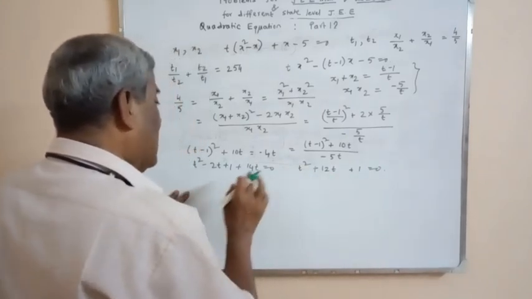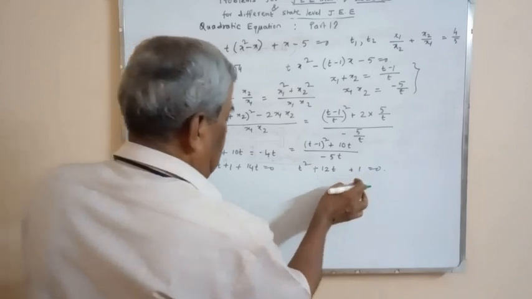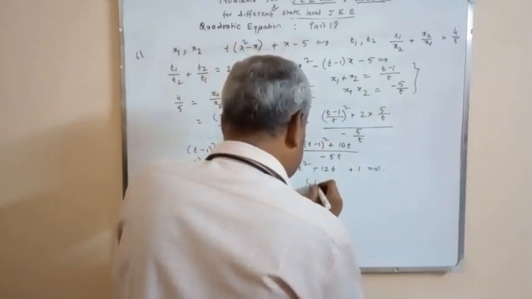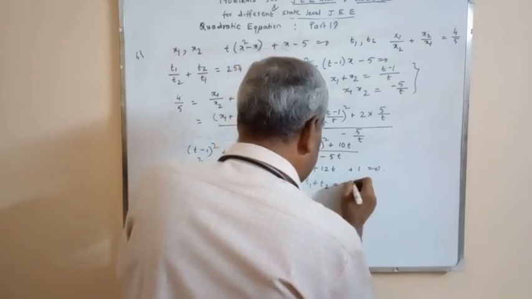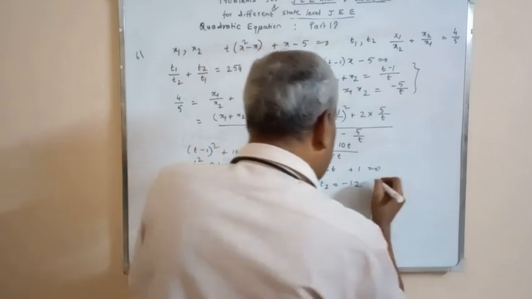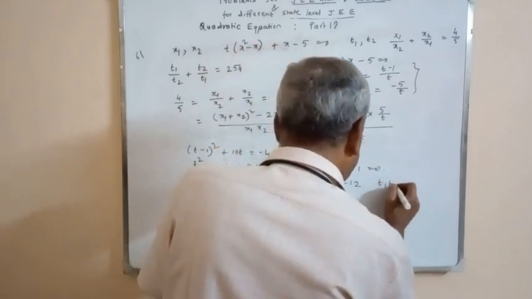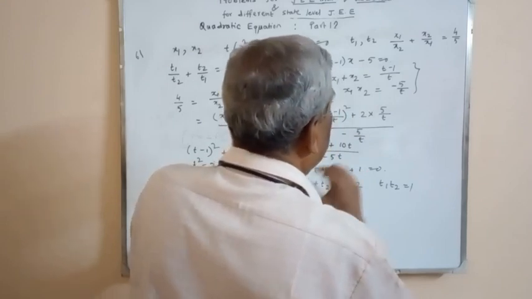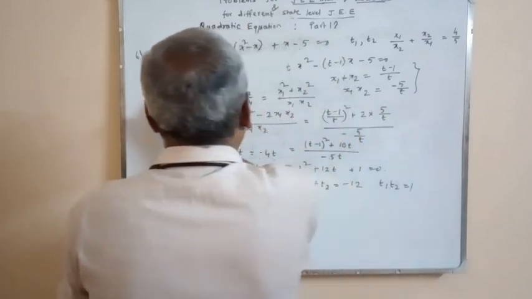Now we get a quadratic equation in t. So t1 plus t2 is minus 12 and t1 t2 is equal to 1. Therefore, we have to find the value of that.